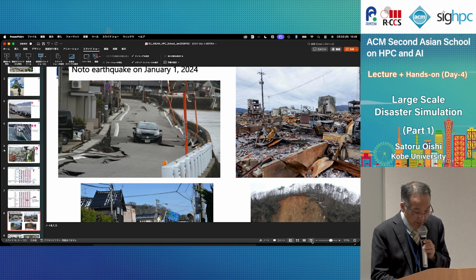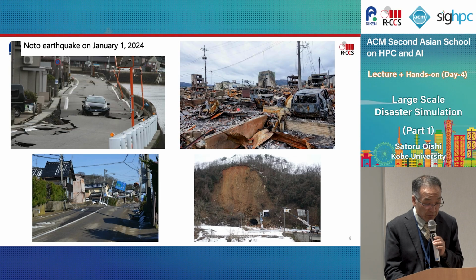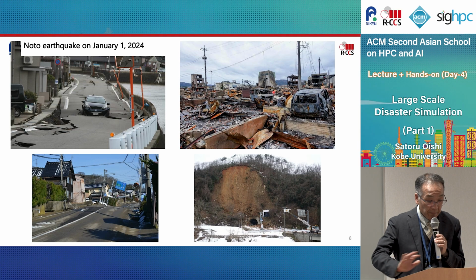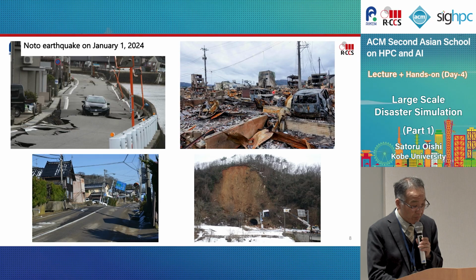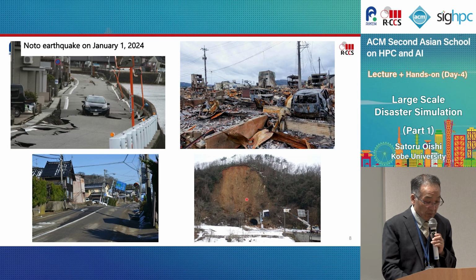Actually, in Japan, when we have an earthquake, we almost always have fire. So that fire burnt out all the city of Noto. We also had cliff failure by the earthquake. The cliff failure buried the tunnel on the roads.